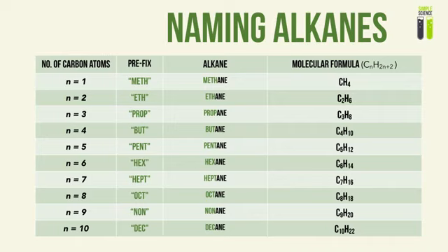Now notice how the prefixes are quite similar to the way in which we name polygons. For example, when there are 8 sides in a shape, we call it an octagon. Similarly, in an alkane, when there are 8 carbon atoms in the molecule, we call it an octane. The prefixes that we use to name organic compounds in general, you will have to remember.